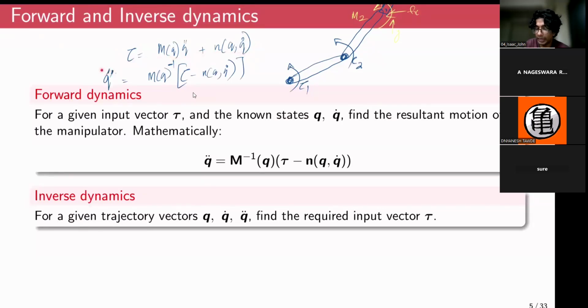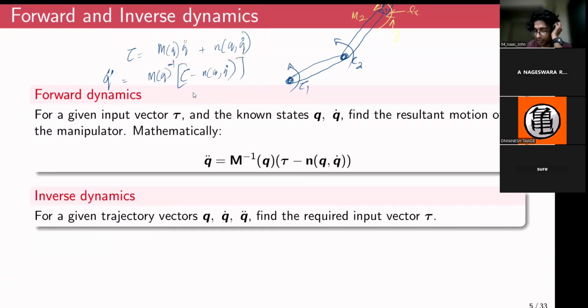And if you integrate the accelerations with respect to time, you will get the subsequent velocities and the updated positions as well, right? Provided your robot starts from an initial position and an initial velocity, how would the robot react? You can obtain the subsequent trajectory using this equation, which is a simple rearrangement of the standard equations of motion.